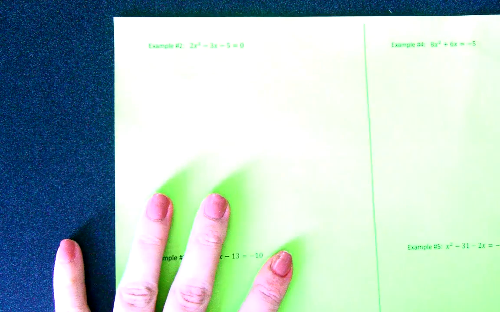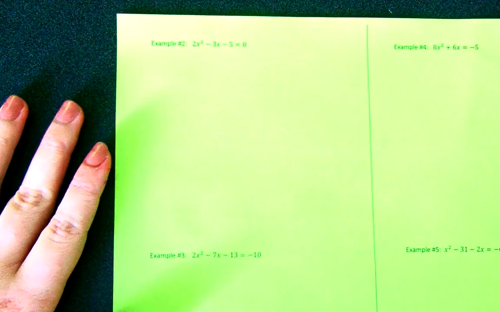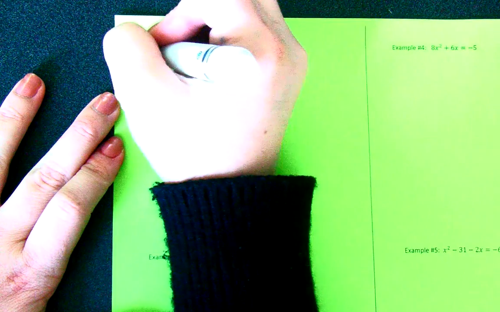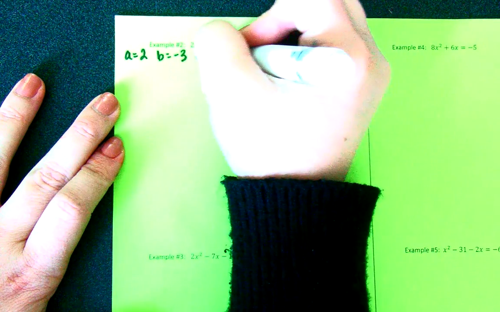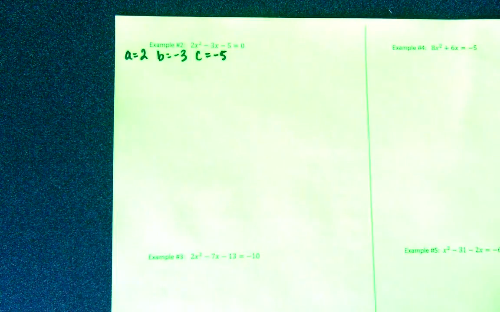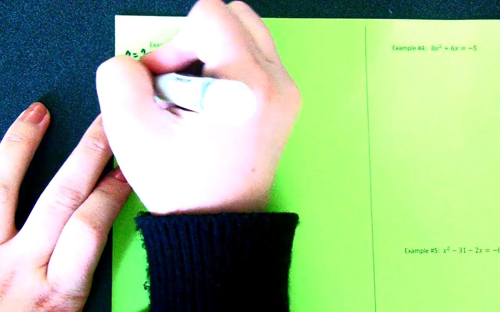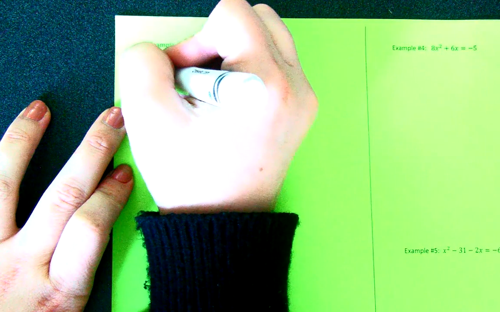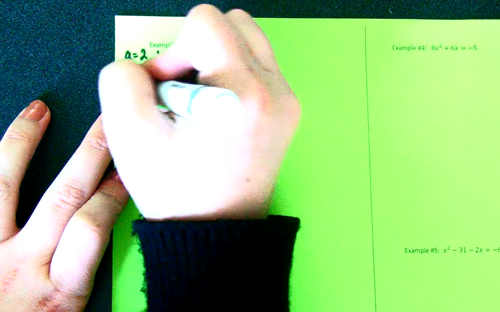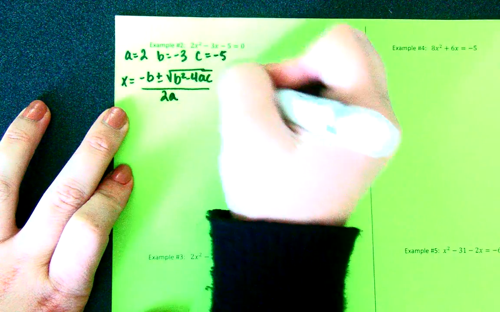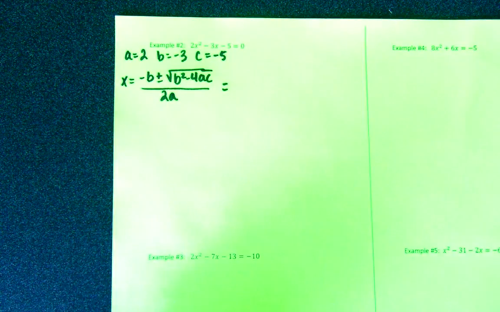So if you look at example number 2, first question we ask ourselves, does it equal 0? Well, yes, it does. So now we jump to labeling our A, B, and C. So our A is 2, our B is negative 3, and our C is negative 5. So we rewrite our formula, x equals the opposite of b, plus or minus the square root of b squared minus 4 times a times c, all over 2a, and we actually plug in our parts.